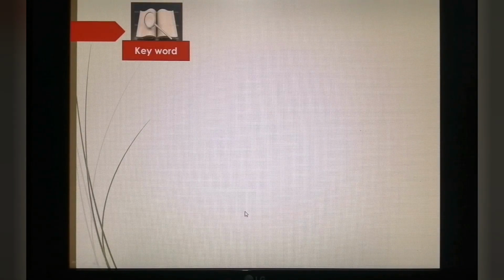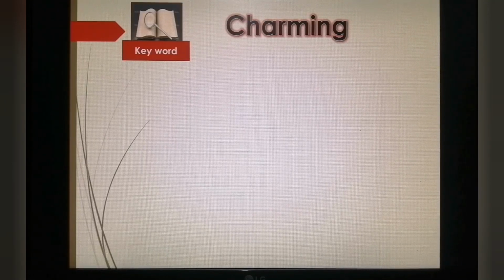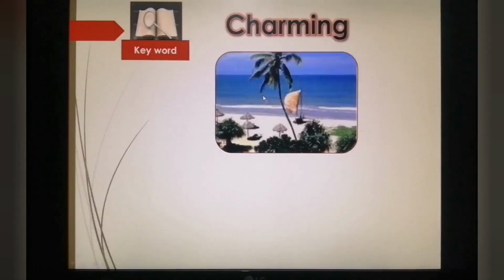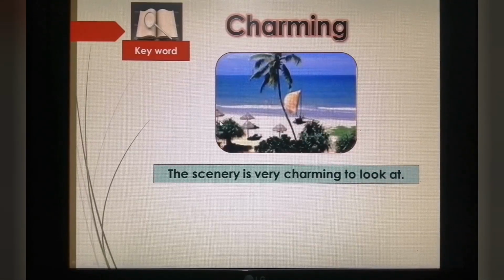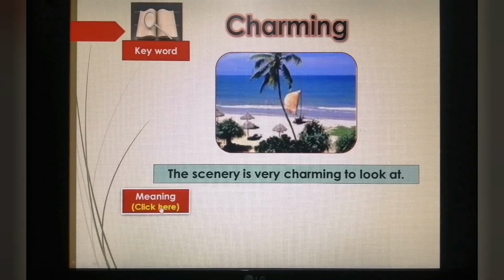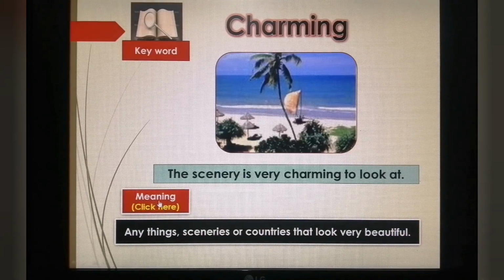Students, now look at some keywords, write down the meaning. These are the keywords of the passage. Charming. The scenery is very charming to look at. So charming means anything, sceneries or countries, that look very beautiful.